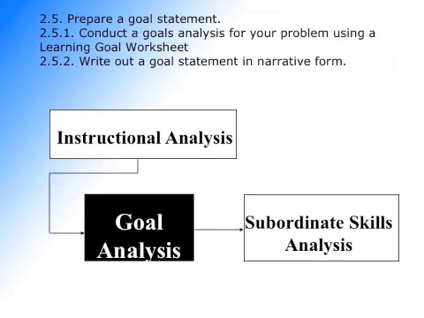And then you're going to write out a narrative approach to your goal statement. And that doesn't have to be significantly long, but it should be clear as to what your goal for the learner is going to be. What is it you're trying to achieve? So that's what's due this week: three things.